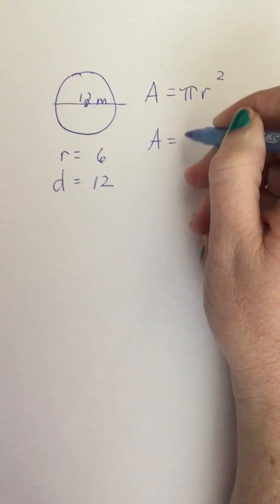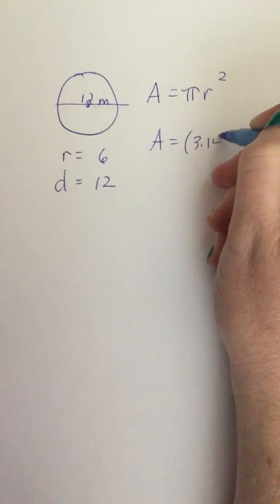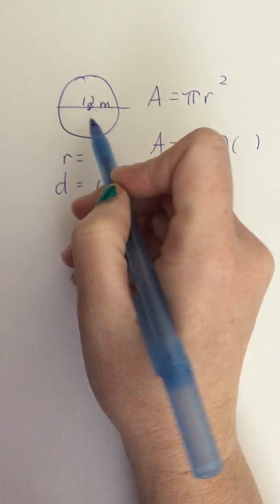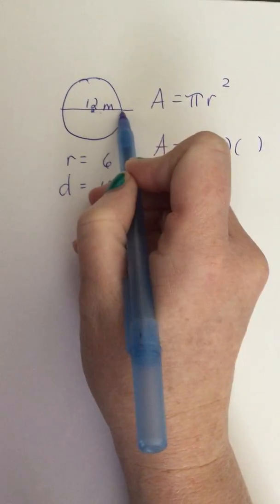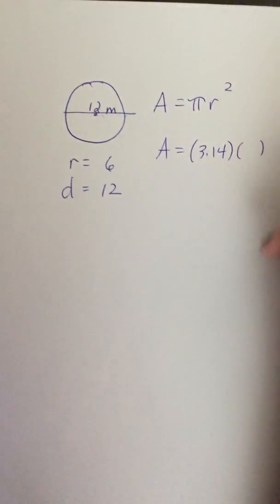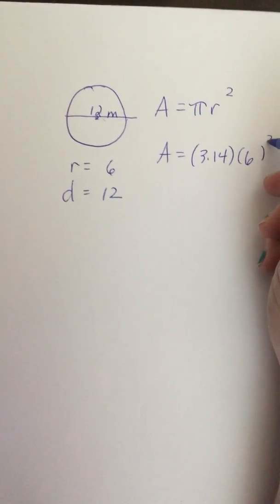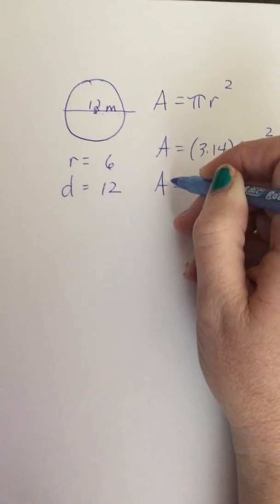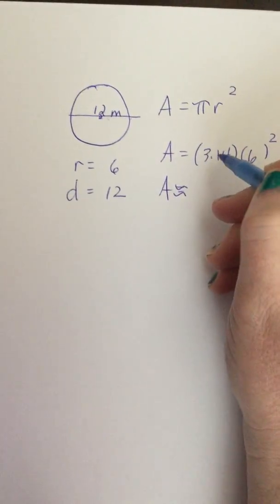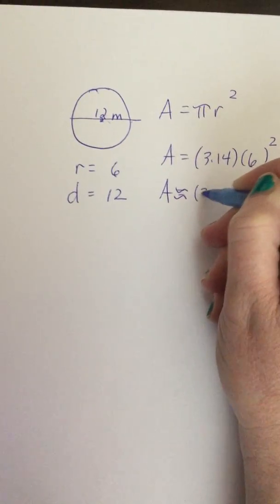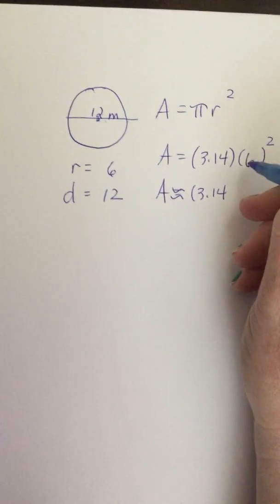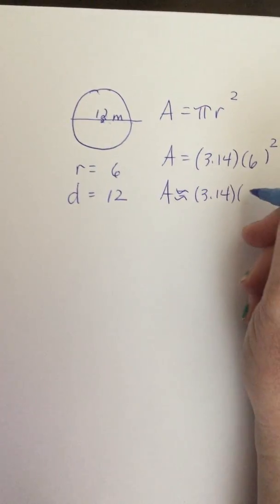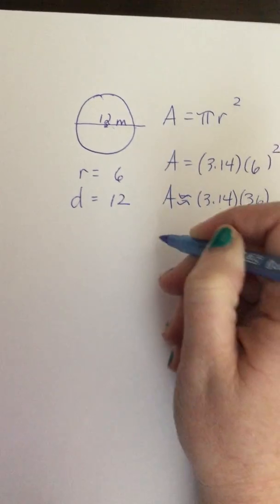All right, let's find the area. Area equals pi is 3.14, and the radius is only half of it from the center to the outside. Half of 12 would be 6, so 6 squared. All right, area equals, oh, and now I need to make an approximate because we rounded the answer, 3.14, and 6 squared is 6 times 6 is 36.